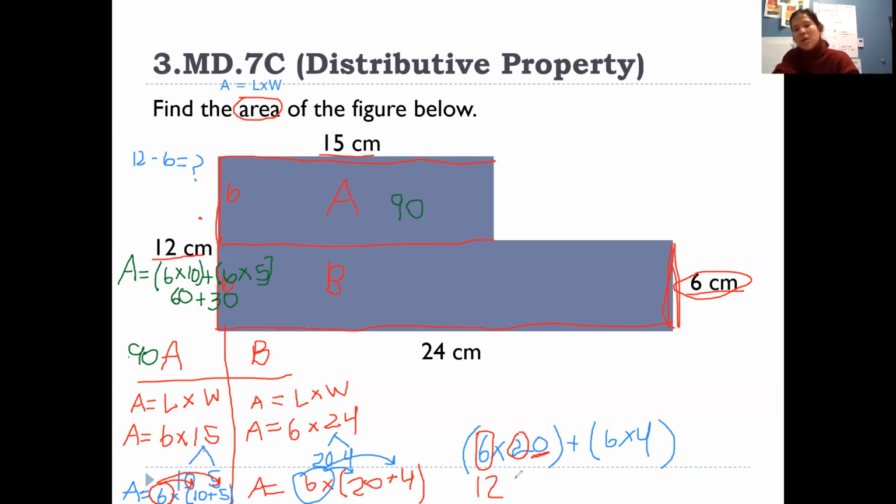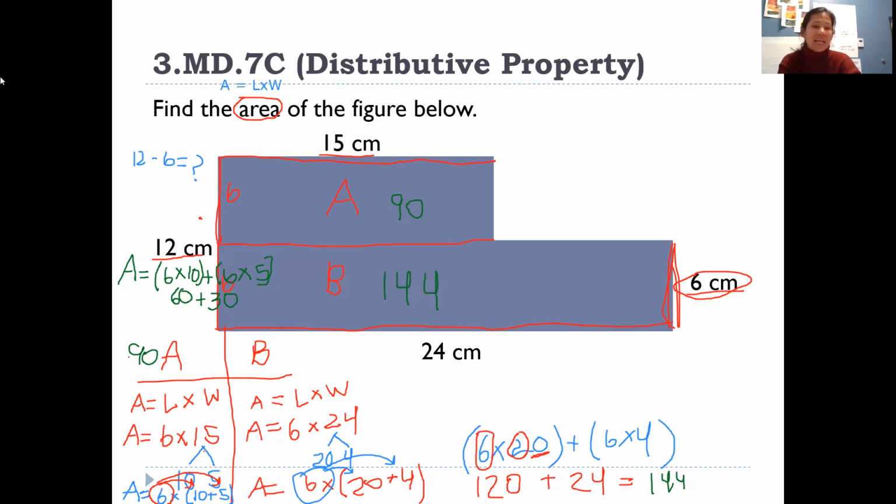I'm seeing 20 has 1 zero, so I have 1 zero, and I'll bring that back into a number. So my product of 6 times 20 is 120, plus 6 times 4, my math facts, that's 24. So our final answer, or our area of shape B is 120 plus 24, that's 144. I'll put that into my shape right now.